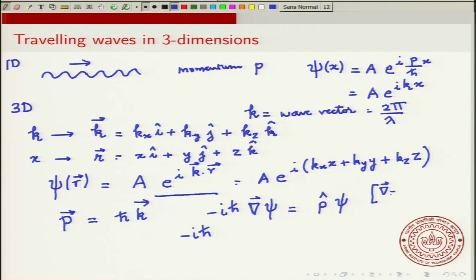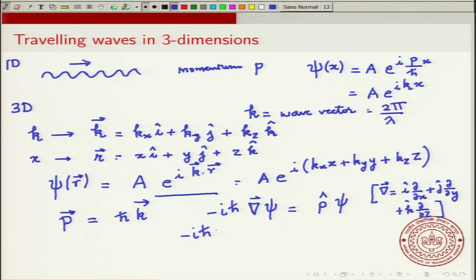Gradient is equal to i times dou by dou x plus j times dou by dou y plus k times dou by dou z. So that is the gradient operator, a three-dimensional version of the derivative operator.